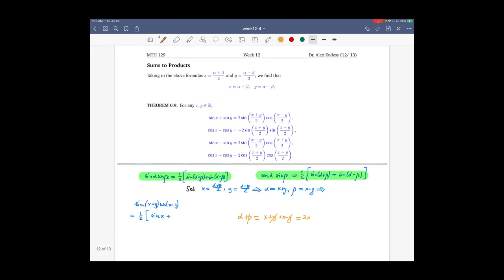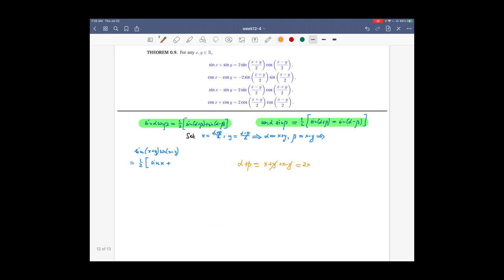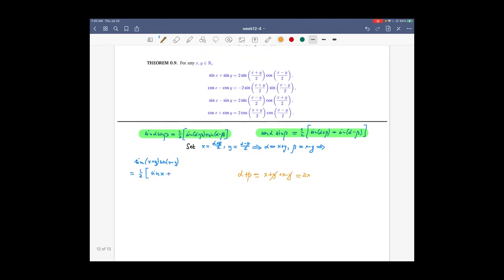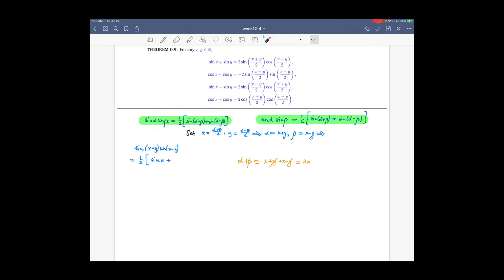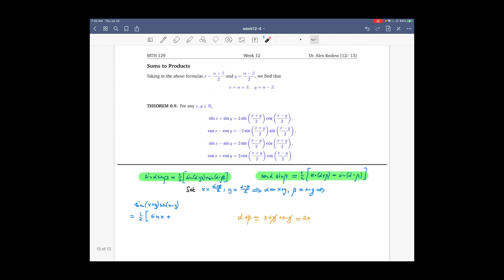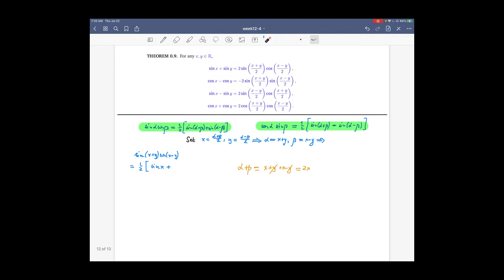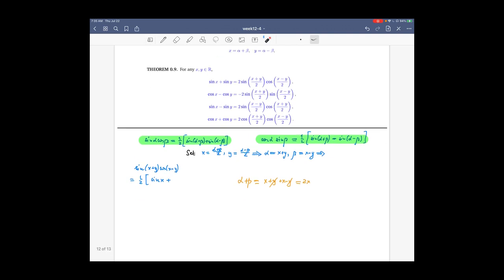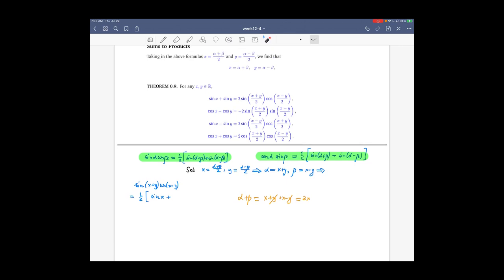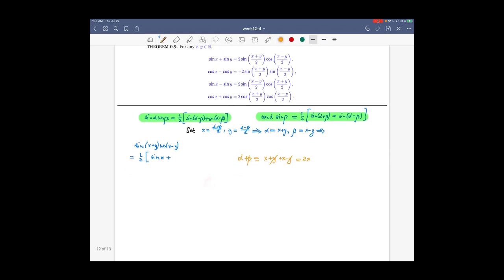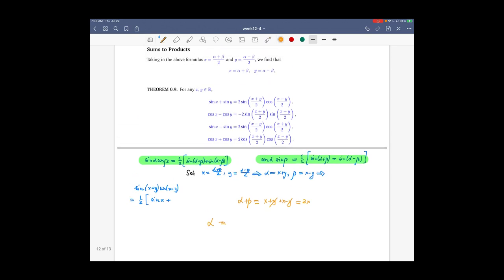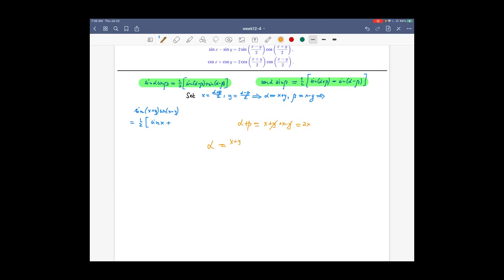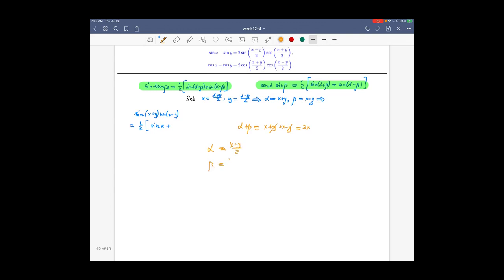Let's see if this is correct. So I want to take this formula and set alpha to be x plus y over 2 and beta to be x minus y over 2.